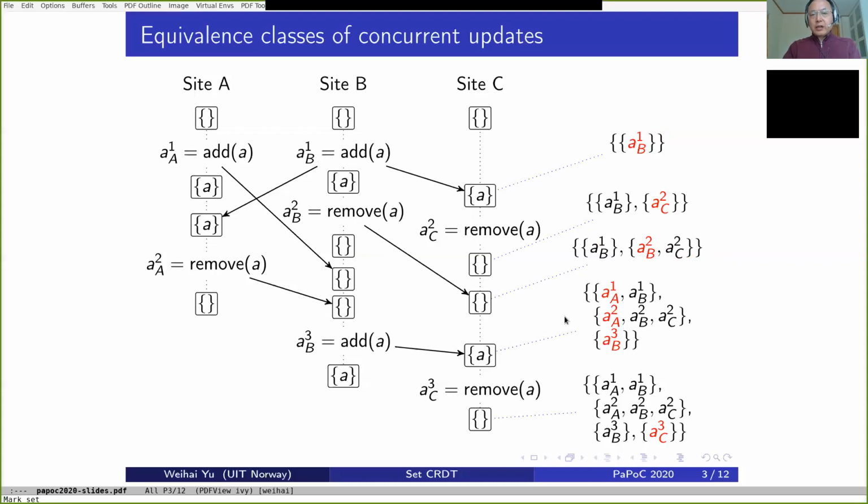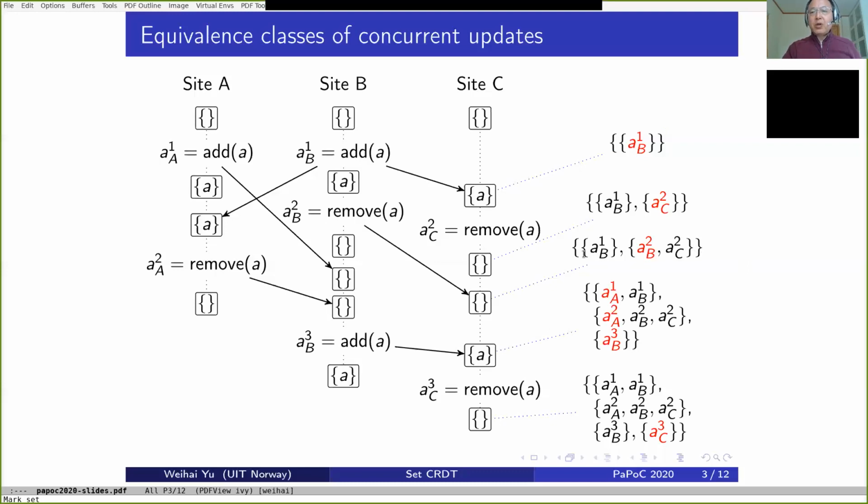So the state of a single element is updated in an inflationary way, in that we only add elements to equivalence classes or add new equivalence classes. So how do we decide if an element is in the set? We simply count the number of equivalence classes.